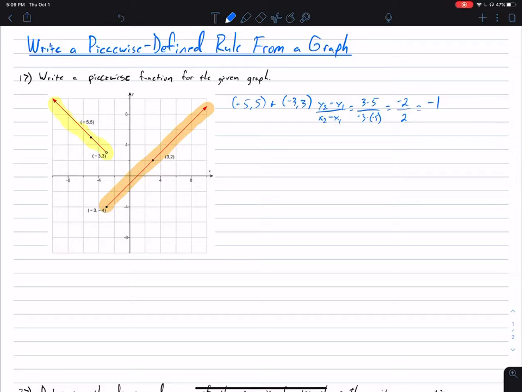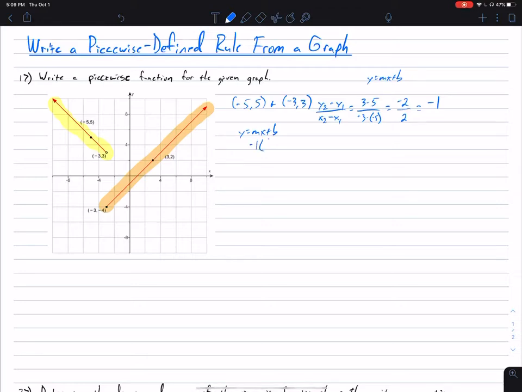I'm looking at the equation y equals mx plus b, so I do need to find a b value. To do that, I'm going to need to calculate it using more algebra rather than just looking at the graph. So y equals mx plus b. I know that m is negative 1, which we already calculated.